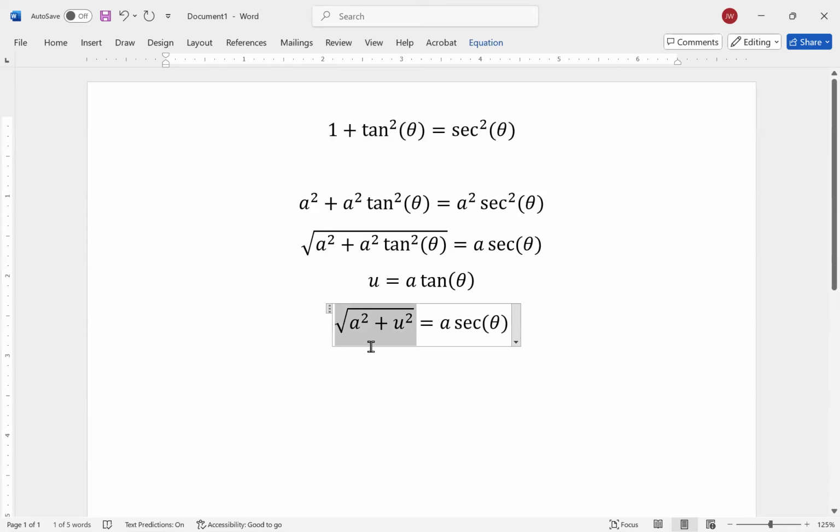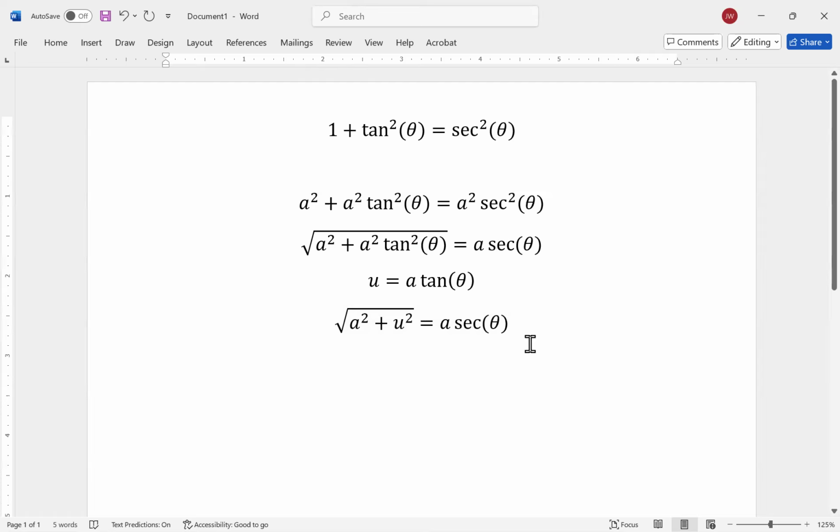It can also give me the form u squared minus a squared, but I have to reverse the roles of secant and tangent. And then the cosine and sine Pythagorean identity gives me the third one, a squared minus u squared. So that is how this takes place.